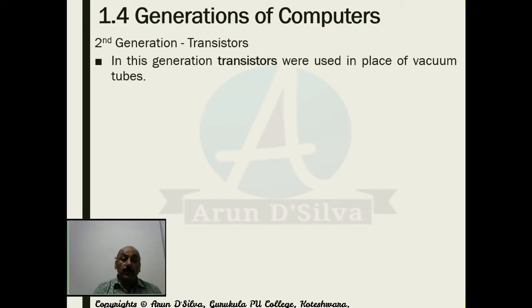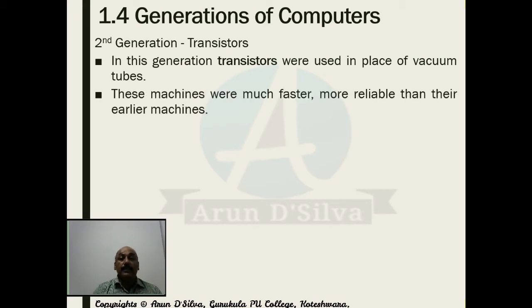Because of this, the size of the computer decreased, and at the same time the performance speed increased compared to first generation computers, and it became more reliable than earlier machines because of size.